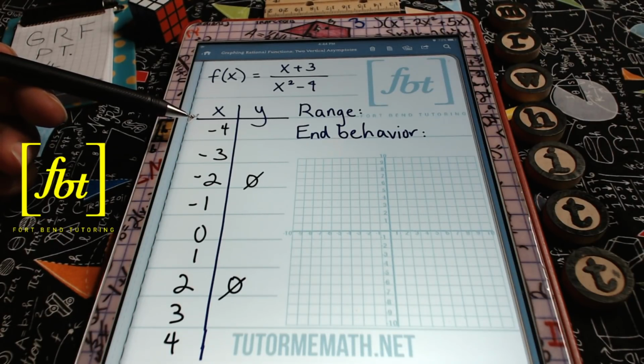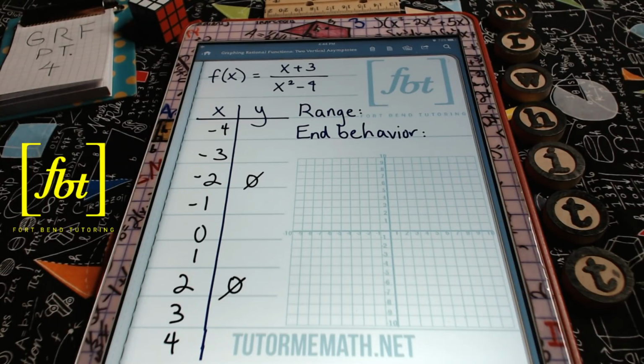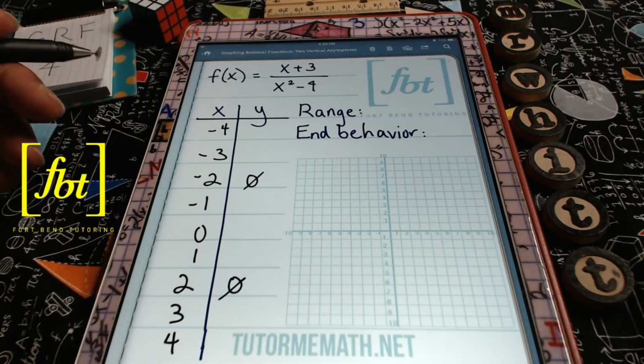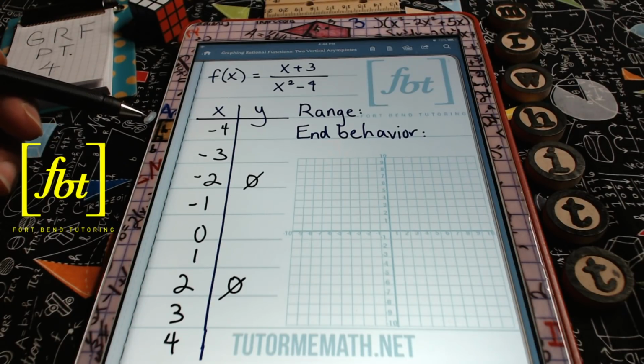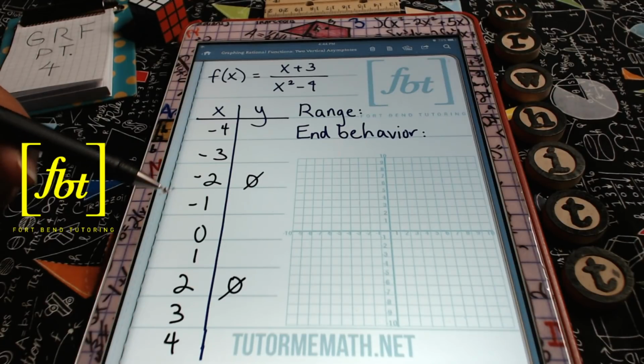That's why I chose -3 and -4. Then I picked values between the two vertical asymptotes, and because we are aware that we could have a parabolic shape or a cubic shape, which are the most common shapes between the vertical asymptotes, I needed at least 3 points within this space so that I can make sure that my graph is accurate.